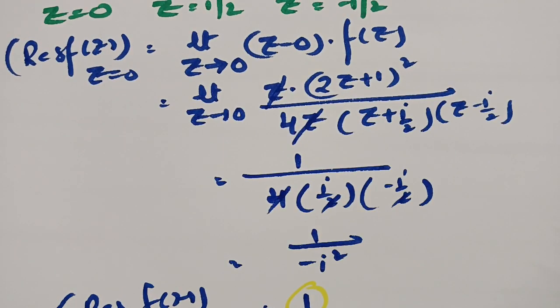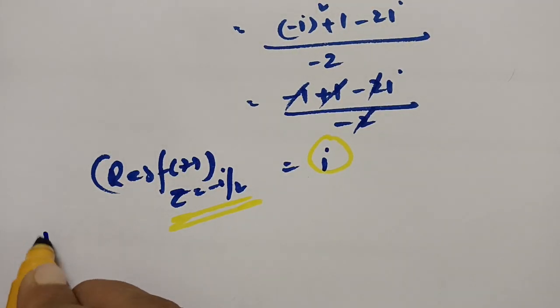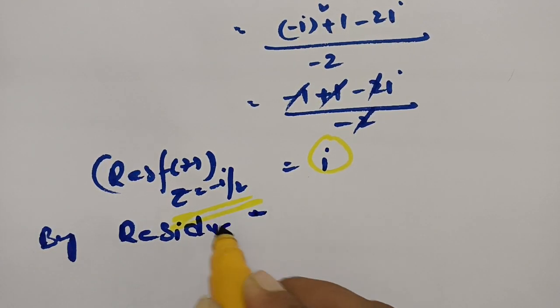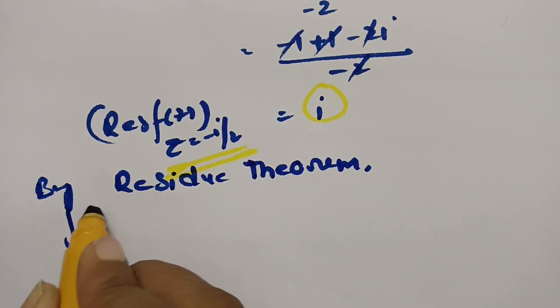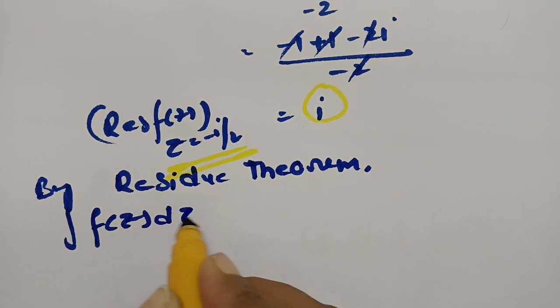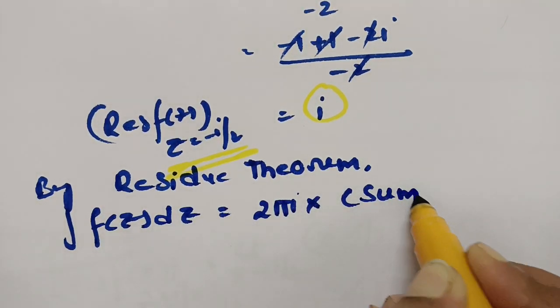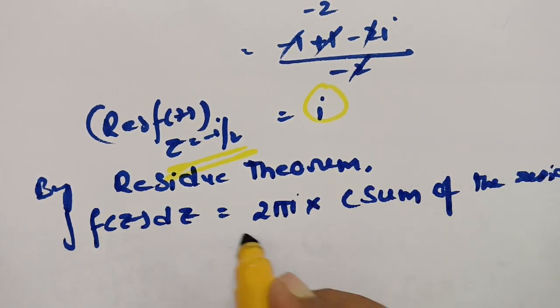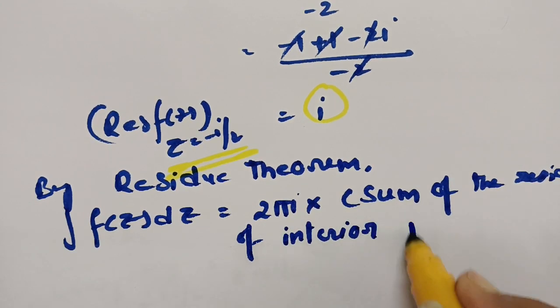And therefore, we have to use the residue theorem. So what is the residue theorem here? By the residue theorem, clearly integral f of z dz is nothing but 2 pi i into the sum of the residues of interior poles.